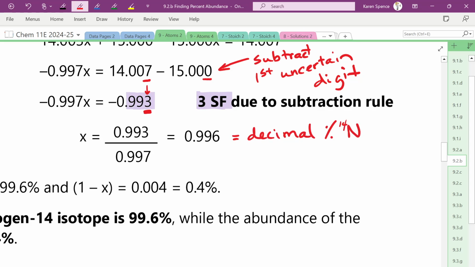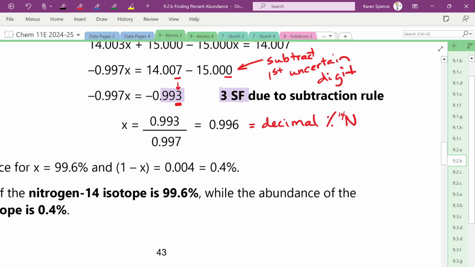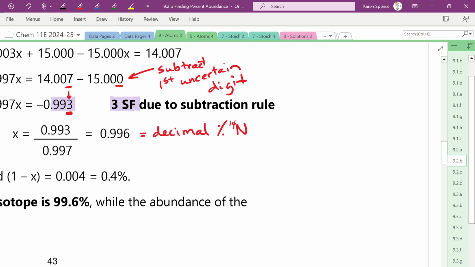And that means that the percent of nitrogen 14 is equal to 99.6%.